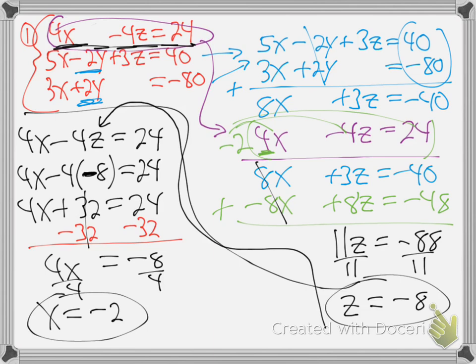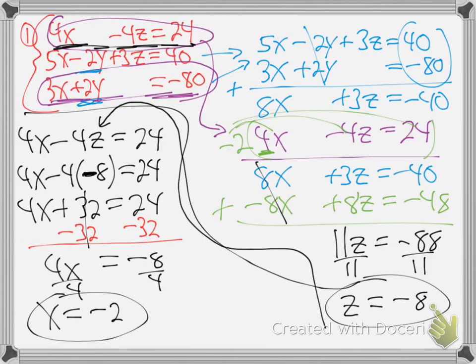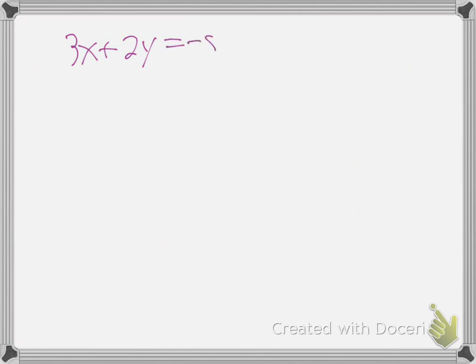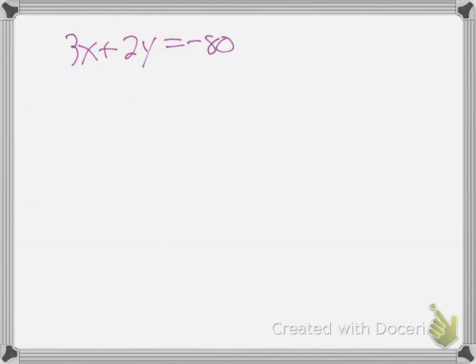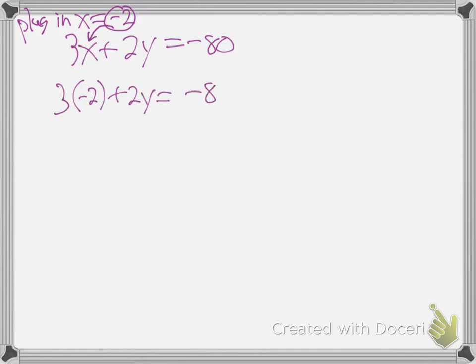Now we go back to get y. Go wherever you want. I'm going to go right here with this third equation because it only has x and y. So I'm going to go 3x plus 2y is negative 80. And I'm going to plug in x is negative 2. 3 times negative 2 plus 2y is negative 80. That's negative 6 plus 2y is negative 80.